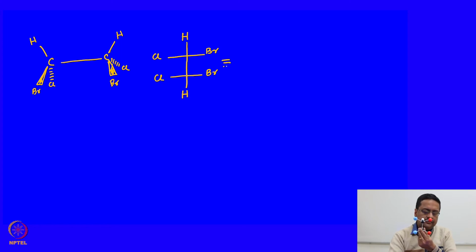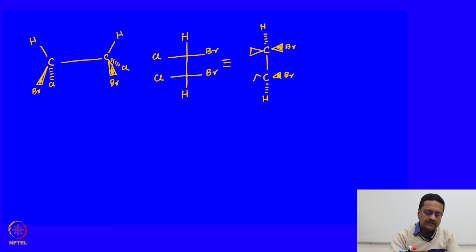This essentially means that you have 2 carbon atoms in the plane of projection, 2 hydrogen atoms which are going below the plane of projection, the bromine atoms on the right both are above the plane of projection, and the chlorine atoms on left are also above the plane of projection as shown here.